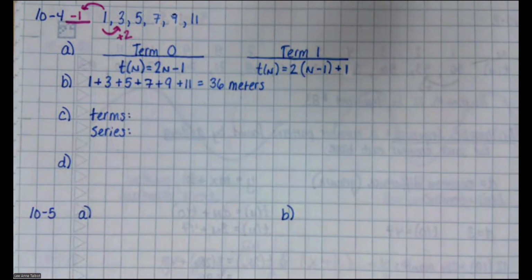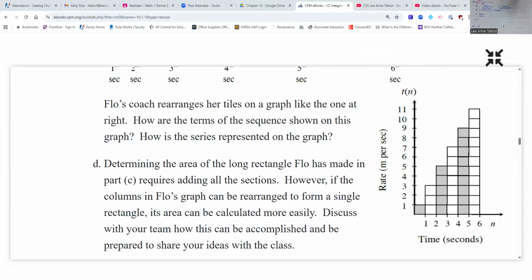Okay, so let's go back to the picture. How are 1, 3, 5, 7, 9, and 11 represented on the graph? The heights of the bars. Okay. How is the series represented on the graph? The series is 36 meters.